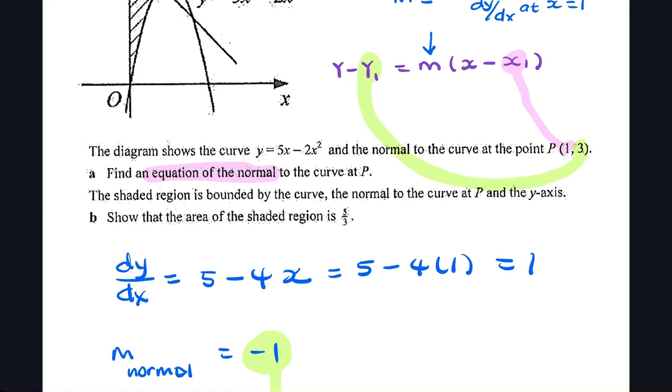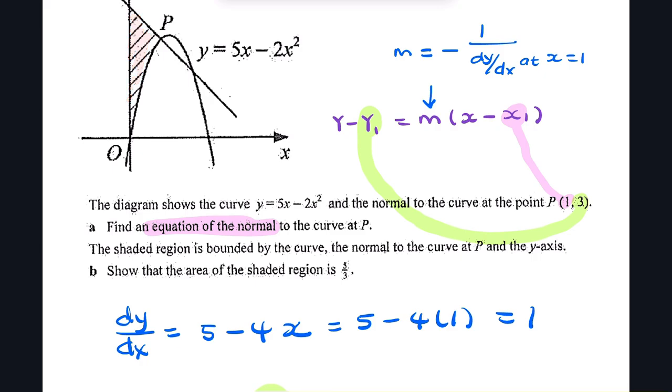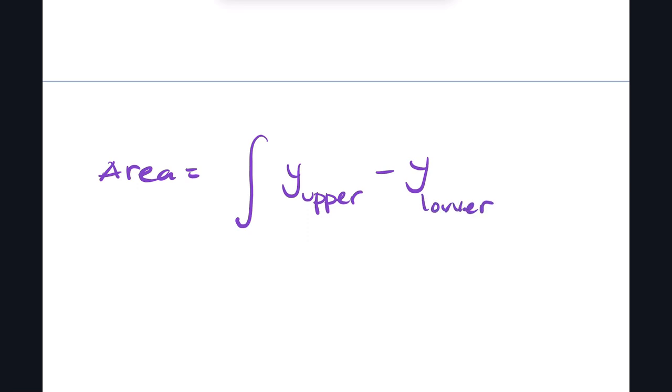Now, part B is looking for this area here. And to find the area between two graphs, you need to find the integral of the difference of the two y's. So your area will be the integral of the upper y minus the lower y dx.